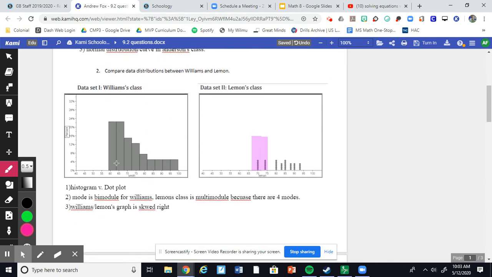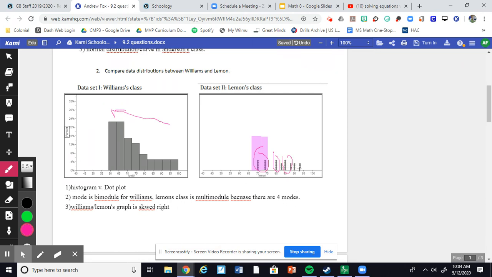Over here, what we would see is that this is still skewed to the left, okay? It shows a histogram versus a dot plot, but you can turn a dot plot into a histogram relatively quickly because it shows frequency. This one is bimodal, where this one is multimodal because there are two, three, and four modes.